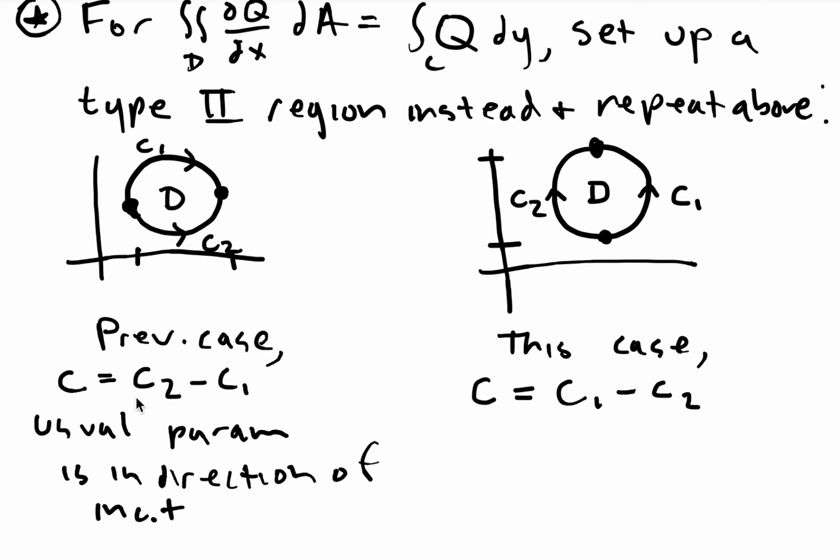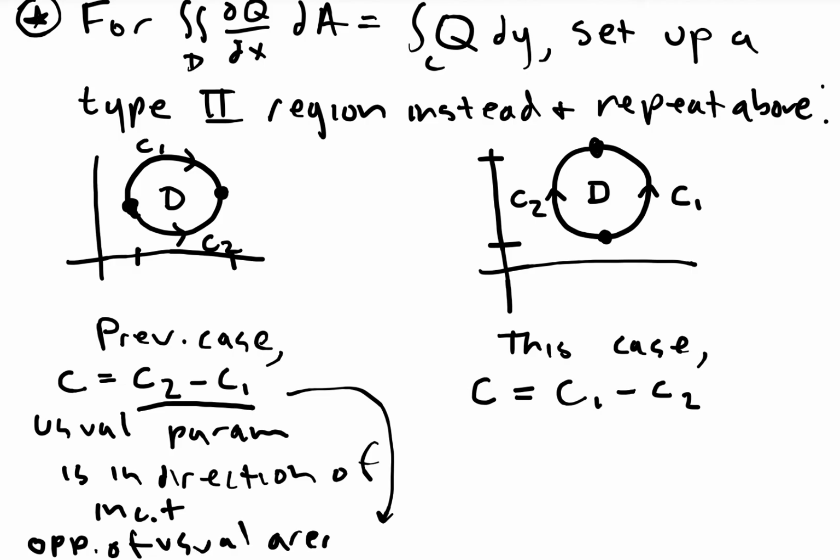Now the catch is, if you look at this expression where we did C2 minus C1, this is not the way that we set up area integrals, right? C2 minus C1, that's your bottom function minus your top function.